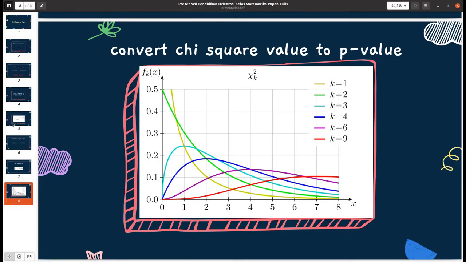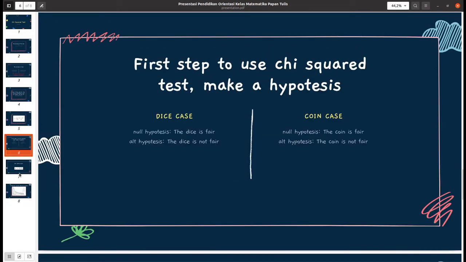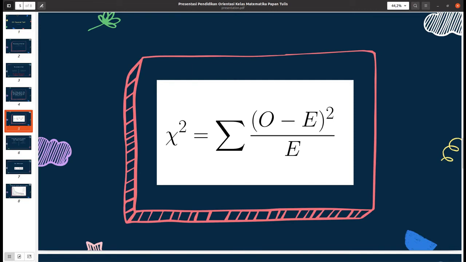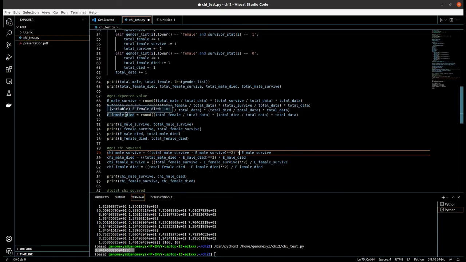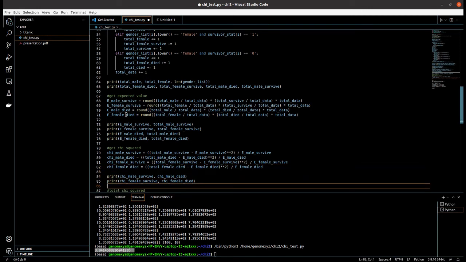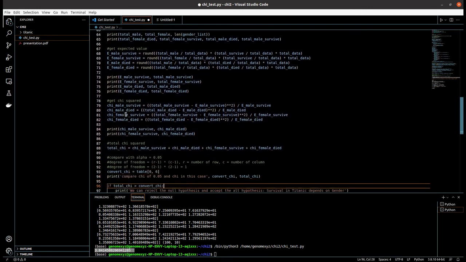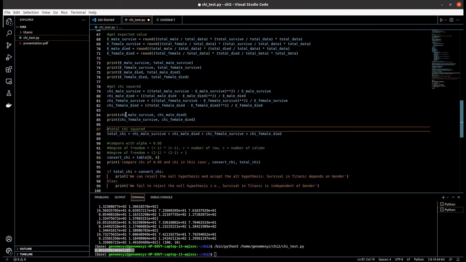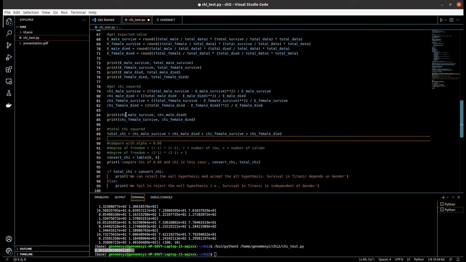This is the same formula here. And then back to the script. As you can see here, there are 4 values because we have 4 cells. And then after that we total all of them.